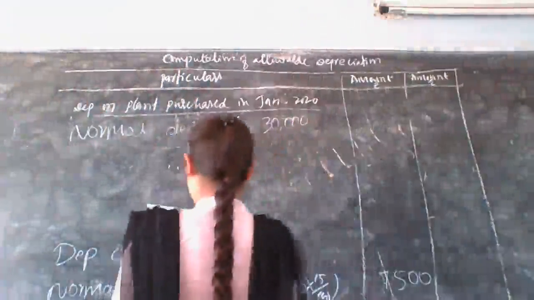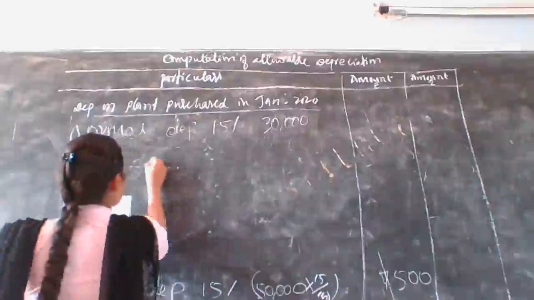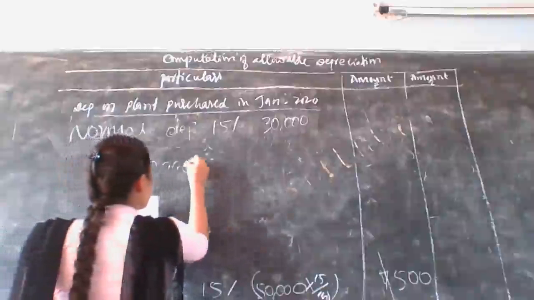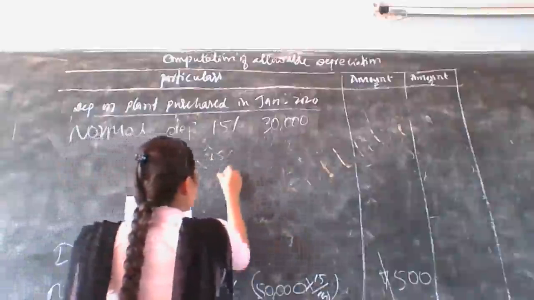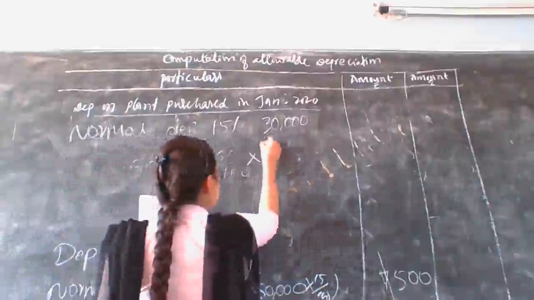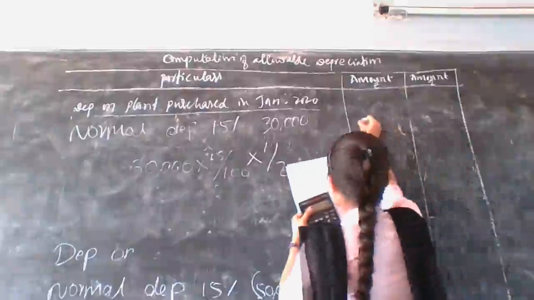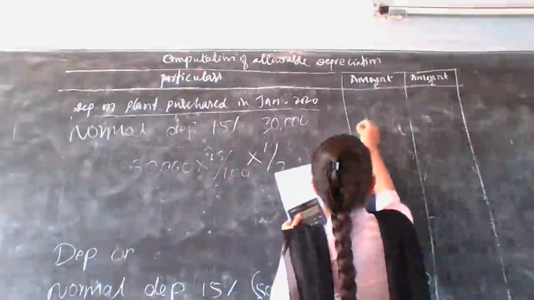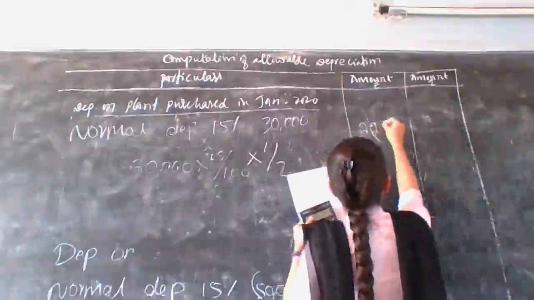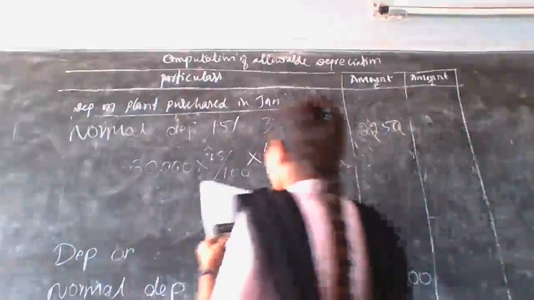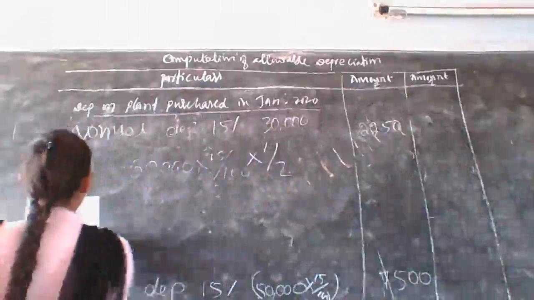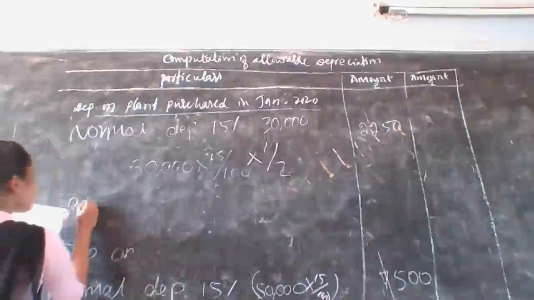So normal depreciation 30,000 multiplied by 50% multiplied by 1 by 2. That is because it is used for less than 180 days. How much? 2,250. Next, additional depreciation.